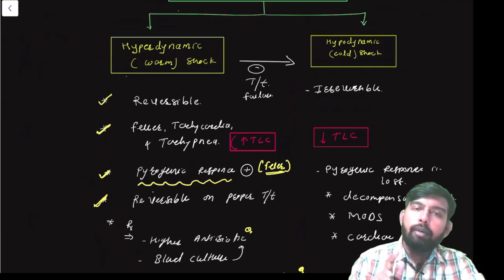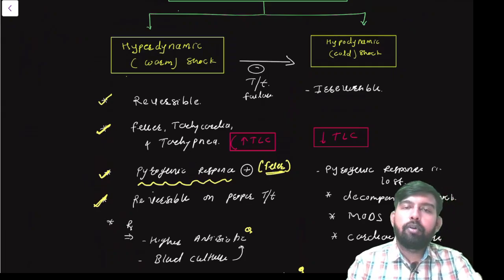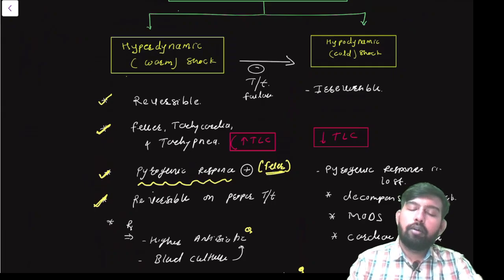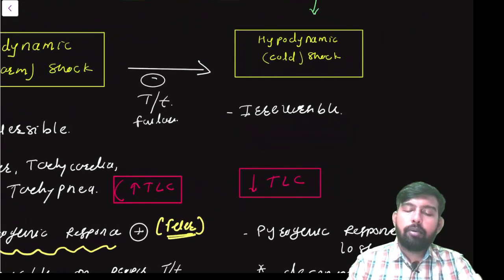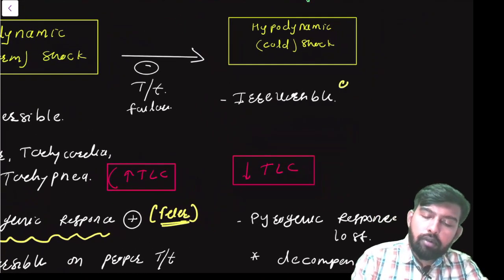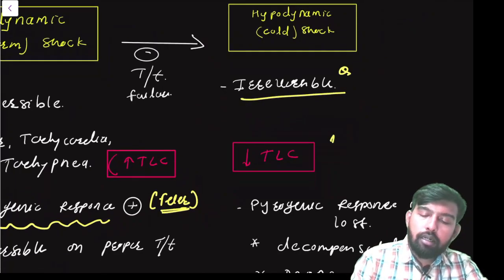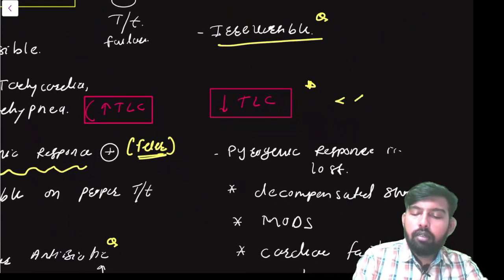If the proper treatment is not given at the level of the hyperdynamic or warm shock, it will convert into the hypodynamic and cold type of shock, which is an irreversible type of shock, and there is a decrease in the TLC count. So the TLC count becomes less than 4,000.